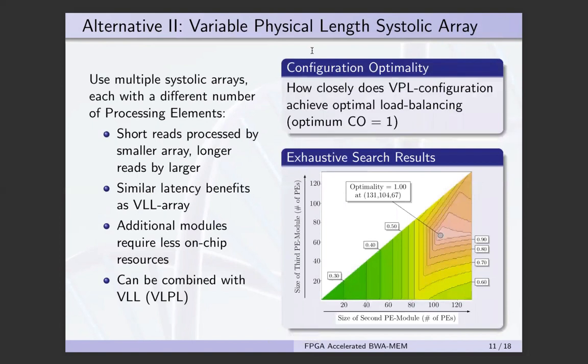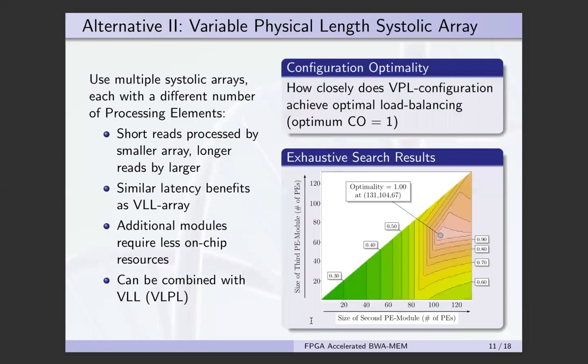If we try to identify how optimal this solution is, we identify an optimality coefficient called CO, and this is equal to 1 for the optimal solution. In the figure, we show the optimality coefficient for an implementation on FPGA with 3 systolic arrays.